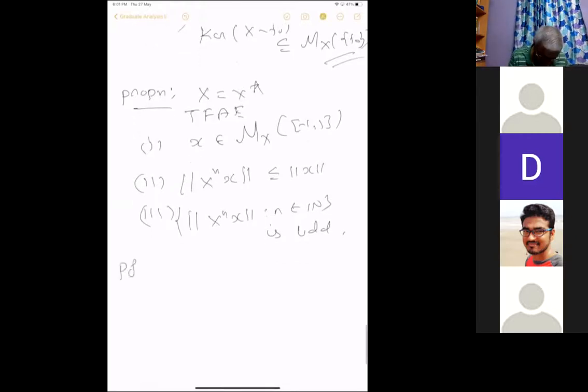So proof. 1 implies 2. Okay? So x is in that projection. So we have that criterion. This is the first thing we proved for A and B. If something is in A and B, then that is true for 1 and -1.